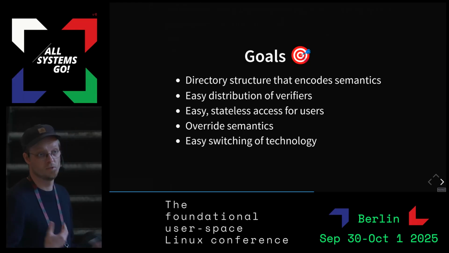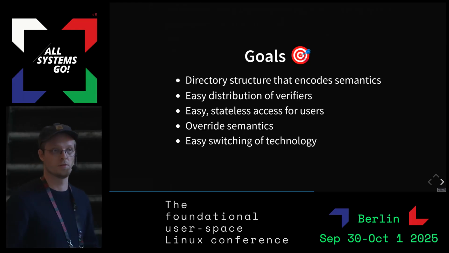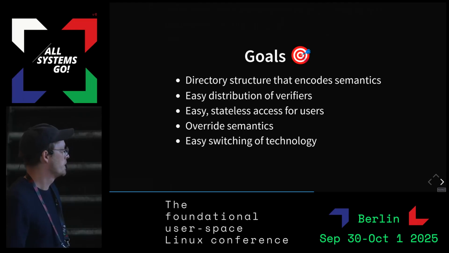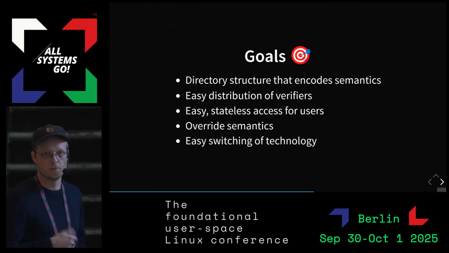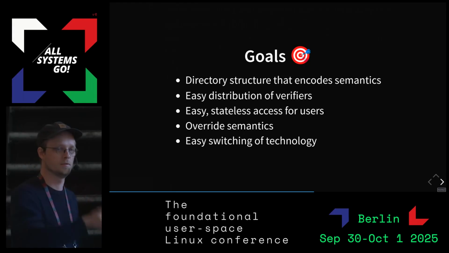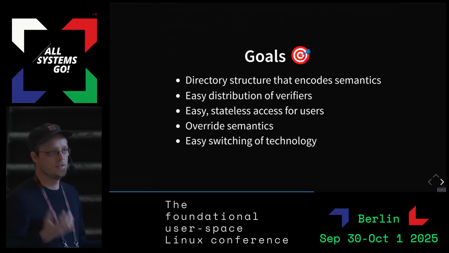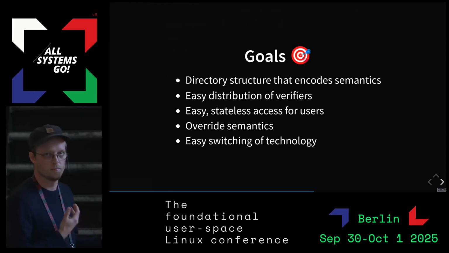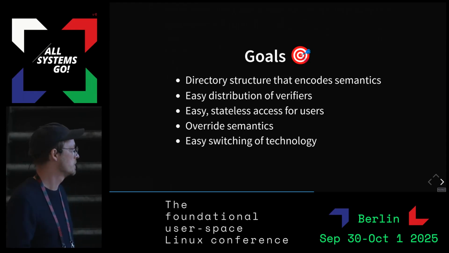This makes it easy to distribute them, because you literally just put them in a directory, and you could zip that and package it, or put it somewhere. This is pretty stateless for users too. Users can just access that particular verifier. They don't need to deal with some keyring format that is proprietary in some way, and it offers easy override or merging semantics for these verifiers.